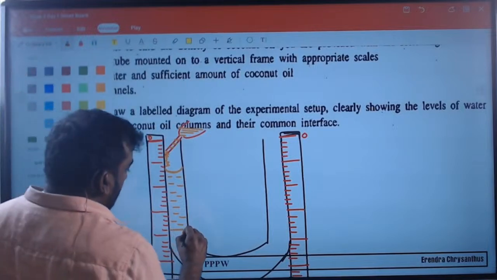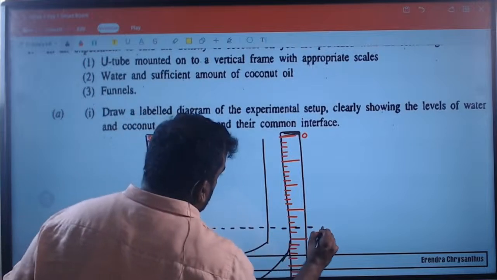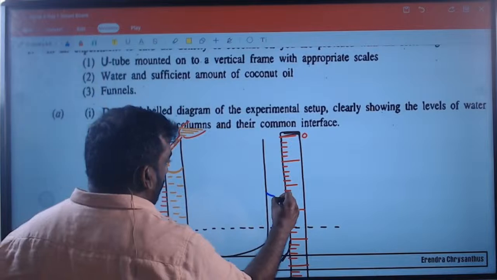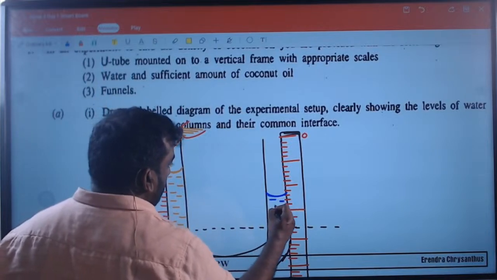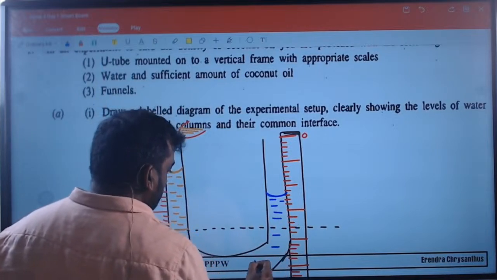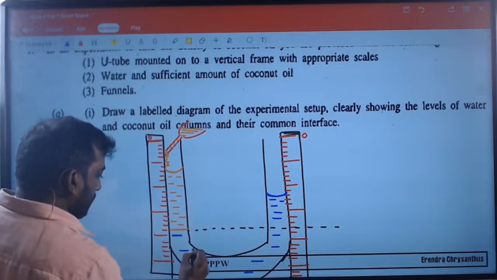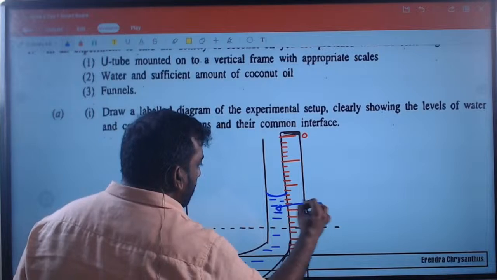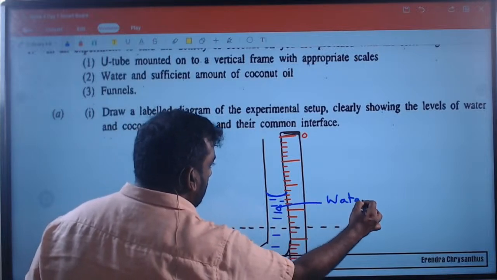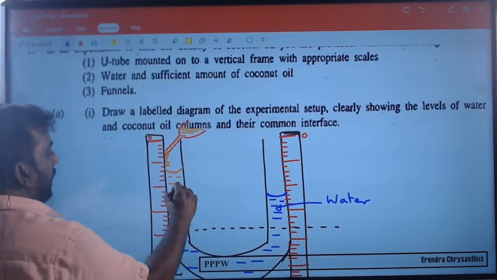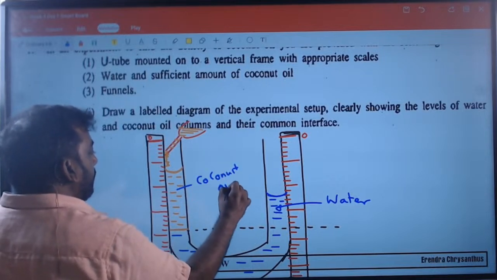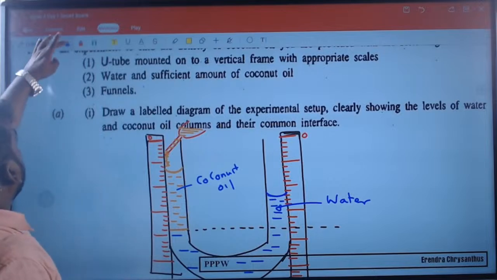From this, don't forget to mark the common interface. High density water will have a short water layer. This is water. This part is oil, coconut oil. How do you measure the heights?